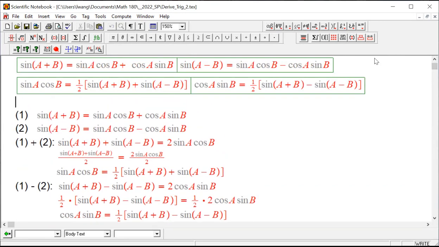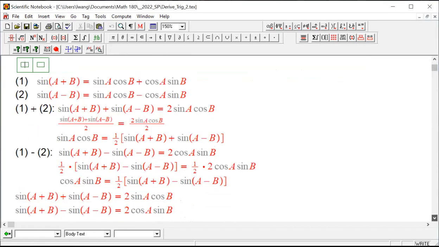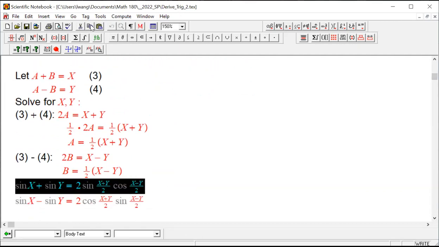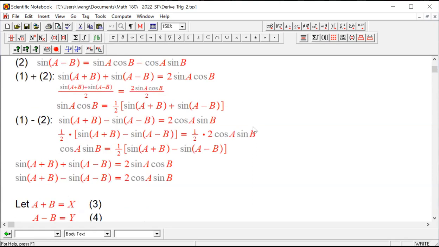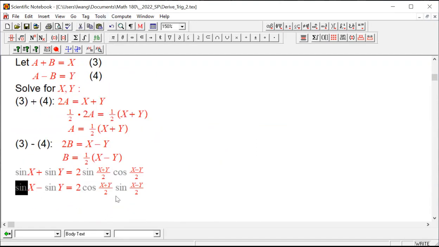Now let's put them together and give them some names. One is this, and the other one is this.